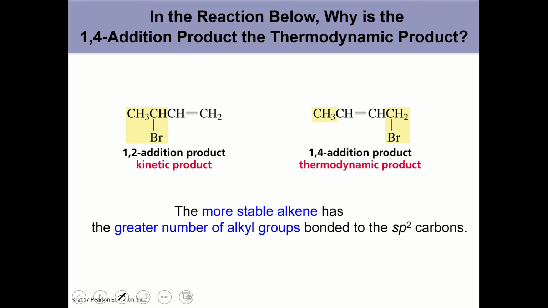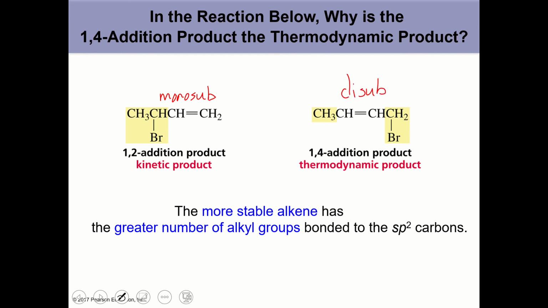Each vinyl carbon has one alkyl group, so it's a di-substituted pi bond, whereas for the kinetic product, we have only one alkyl group, so this is mono-substituted, and this is di-substituted.